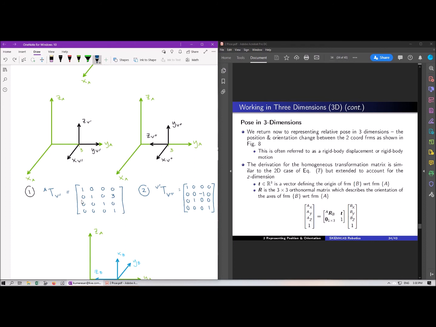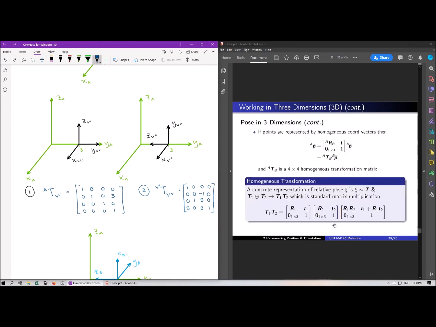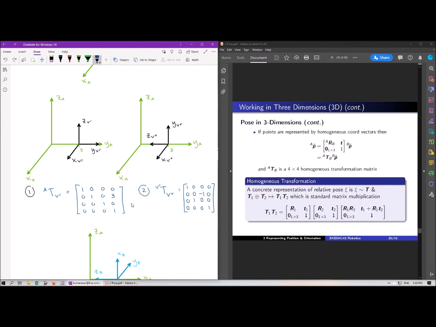What is the rotation? We want to construct this matrix. There's no rotation, because as you can see, yv is parallel with ya, xv prime is parallel with xa, zv prime is parallel with za.